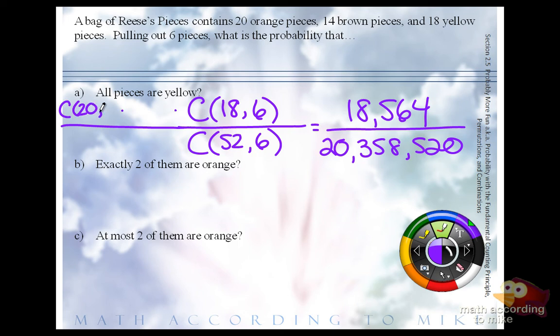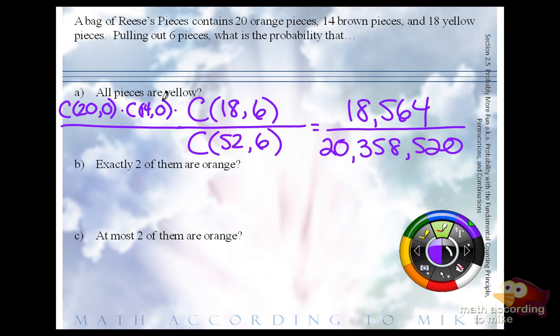In part A, 0. And out of the 14 brown pieces, how many do we want? 0. Well, remember what we did last time? You have 20 objects on the ground. How many ways can you pick up none of them? 1. So 20 choose 0, 14 choose 0 are all 1. So it would not have affected the problem.